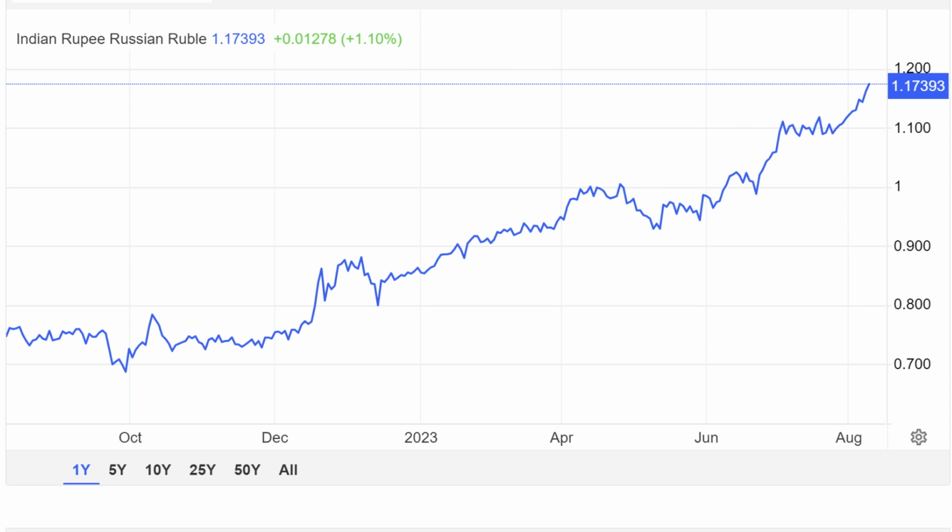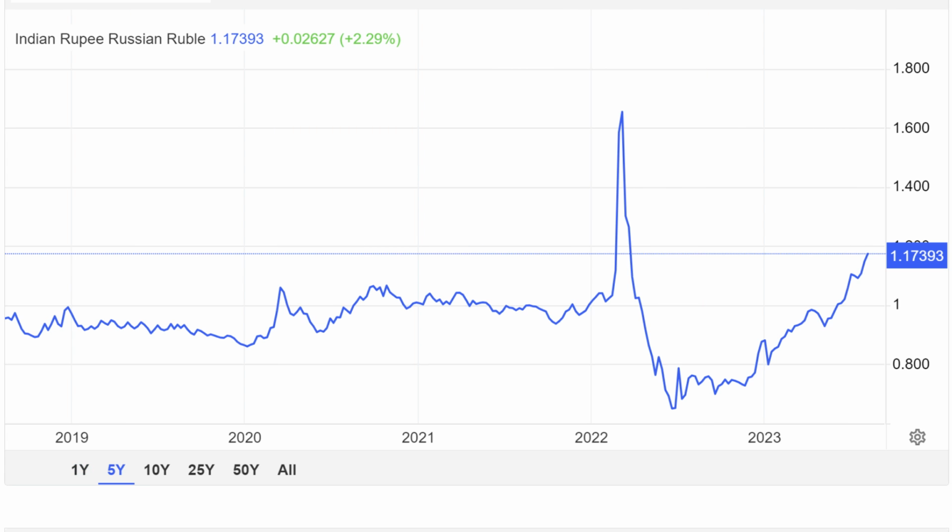And if you look at the shape of this chart, you can see that there has been a consistent decline in the value of the Russian ruble against the Indian rupee. If we expand the chart out to show what's been happening over the last 5 years, once again you can see that the value of the Russian ruble is the worst that it's been, excluding the immediate fall in value following Russia's invasion of Ukraine.